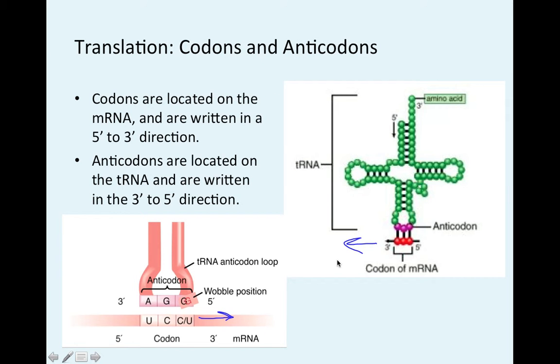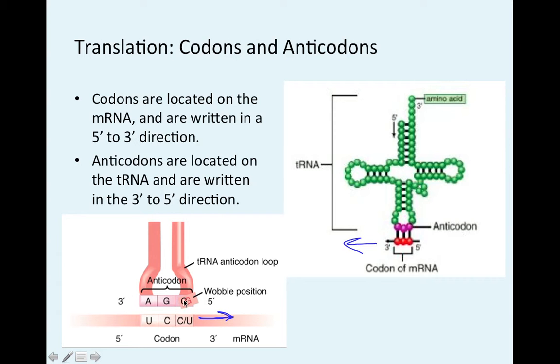So this is what's going to happen. Codons are located on the mRNA, and they are written in a 5' to 3' direction. So here's my codon, and the mRNA is being read to the right. It starts with the 3' end, and then goes towards the 5' end. The opposite is going to be on the anticodon.